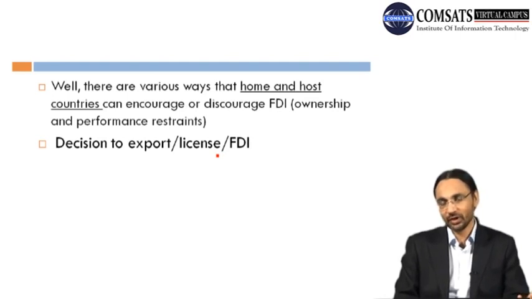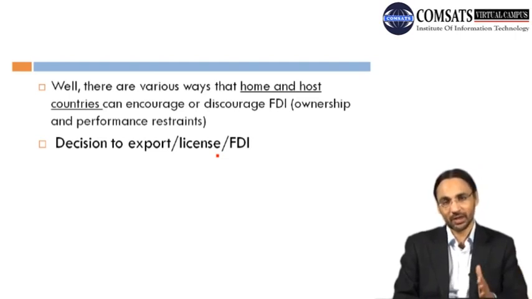On the other hand, if we see how the home country discourages or restricts firms from going out, these ways can again be tariffs and barriers, or some sort of political hurdles, red tape, bureaucratic hurdles.